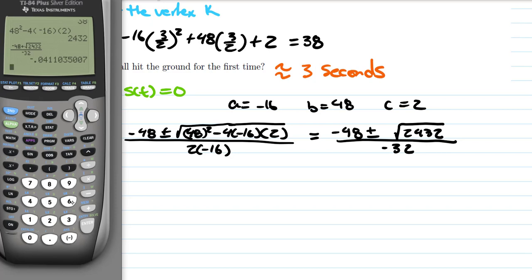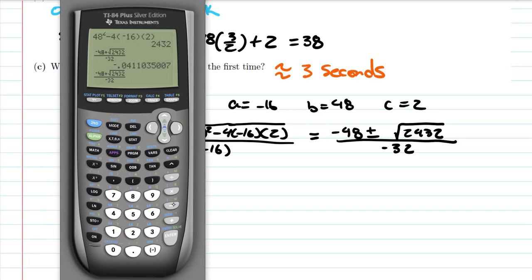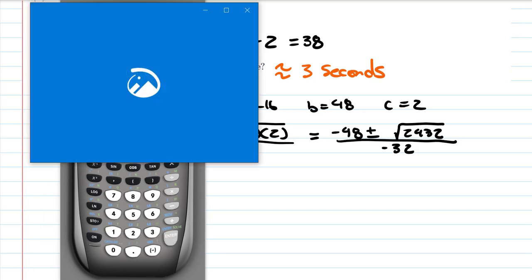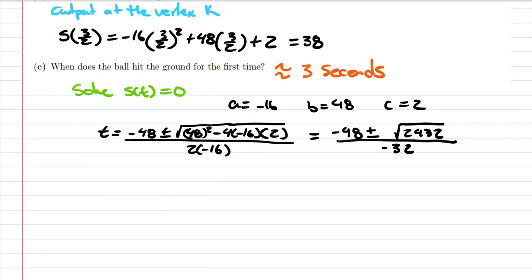And then we get the same thing, but instead of plus this time, we have the minus. So we change that to a negative, and we press enter. And we get these two solutions.